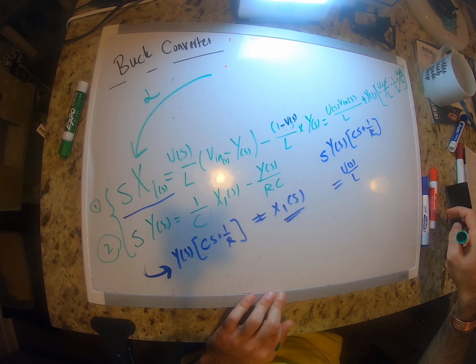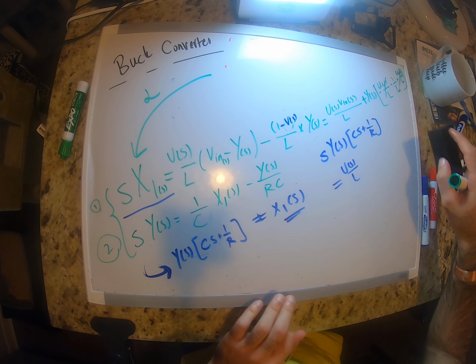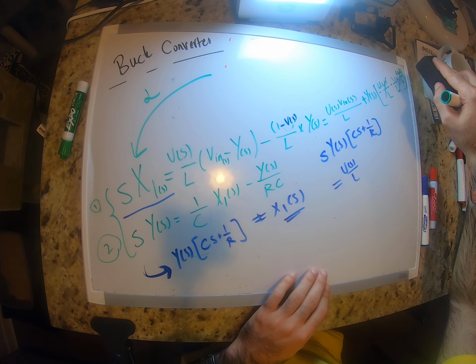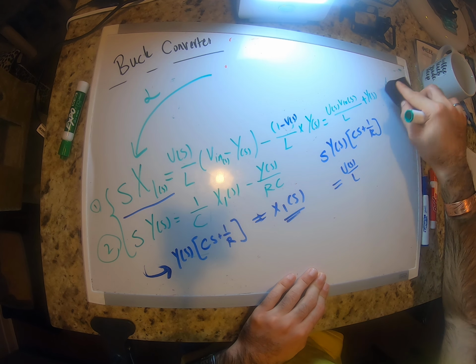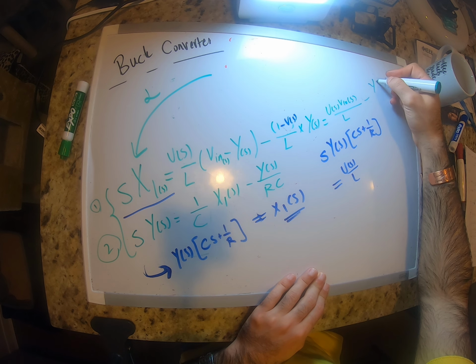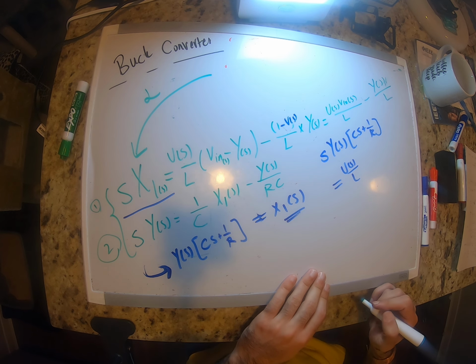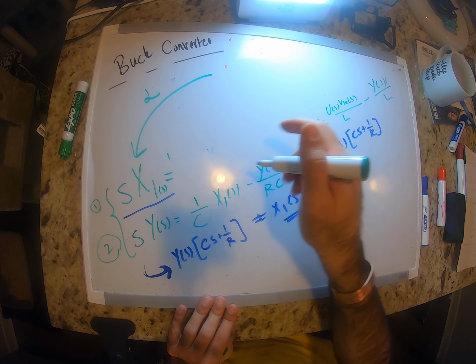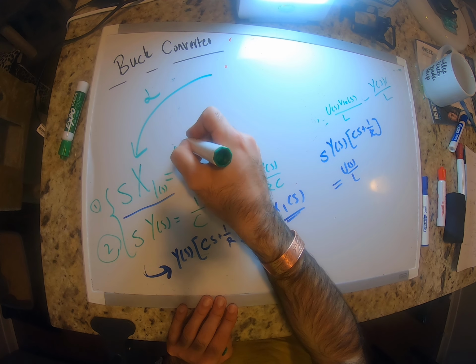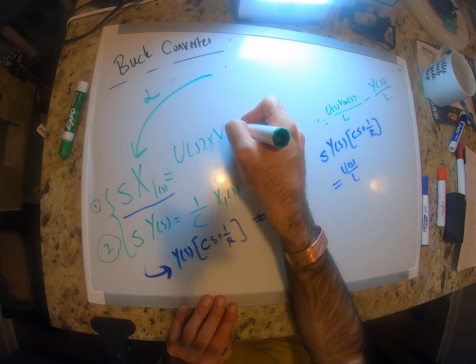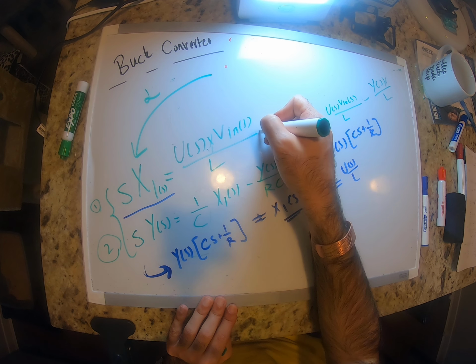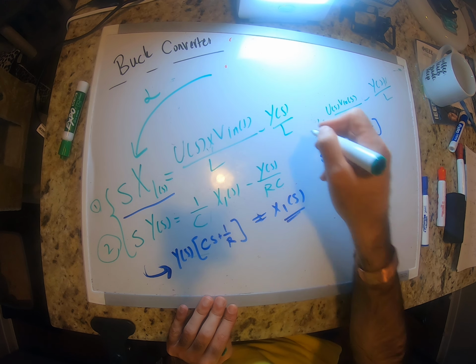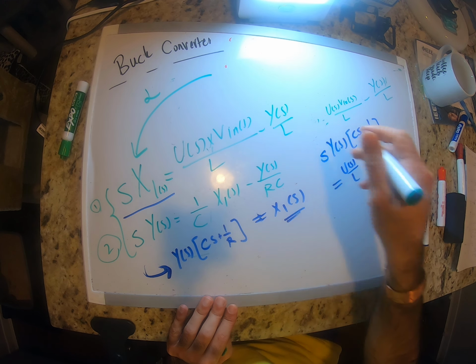These two cancel each other out. So this is basically what we end up with: minus Y of S over L. So we can write X1 of S is equal to U of S times V in of S divided by L minus Y of S divided by L. Okay, sorry about that, guys, but that was an easy fix.